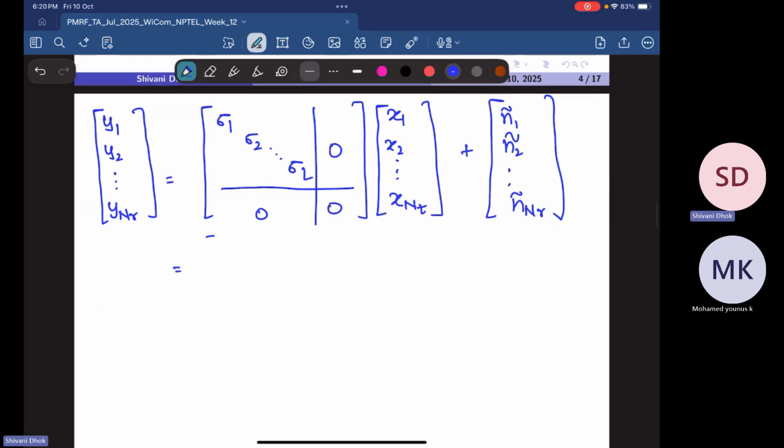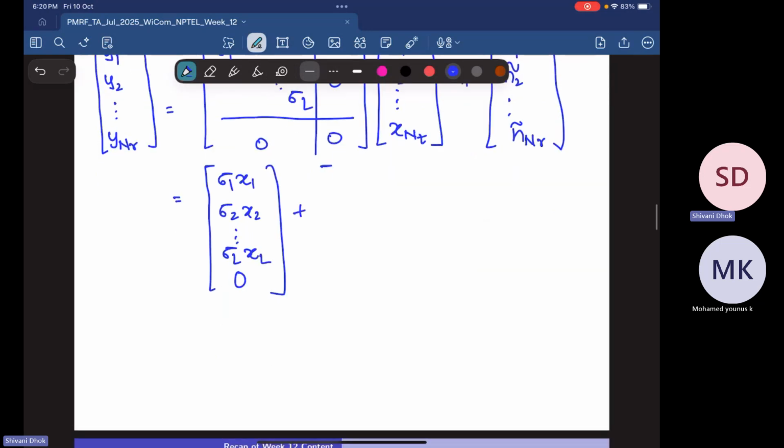This is basically equal to sigma 1 x1, sigma 2 x2 and so on till sigma L xL, and then I have a vector of zeros, plus the noise n1 tilde, n2 tilde, and so on till n NR tilde.